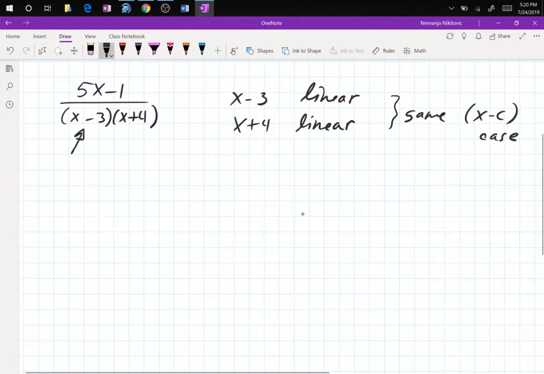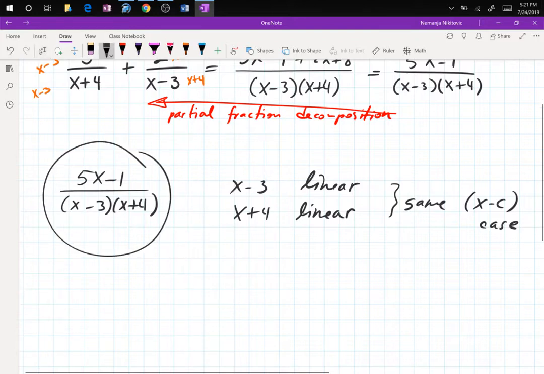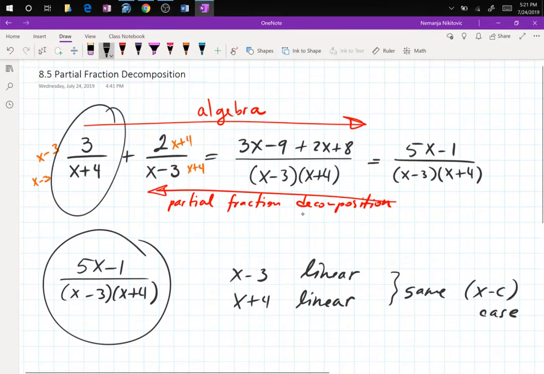But you can have other cases like x minus c squared, or you can have x squared, something that is not factorable. So we are going to learn 4 cases and then use those 4 cases to set up the problem. When you grind through algebra, you will eventually break this into these separate problems here.